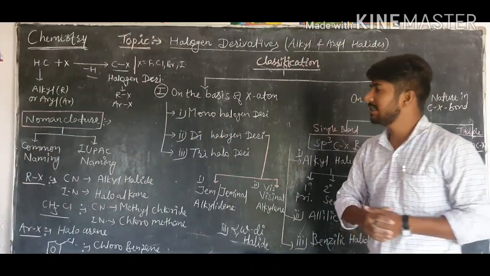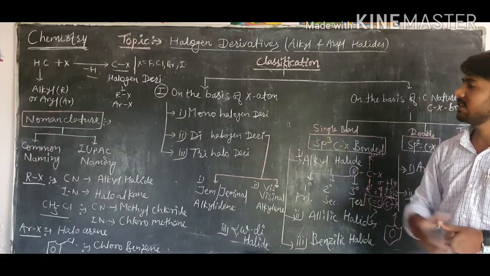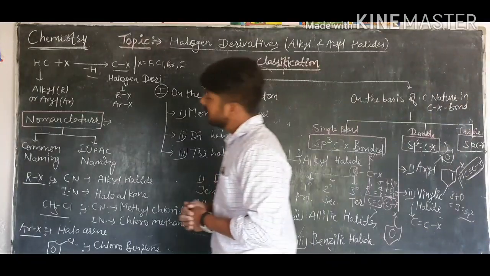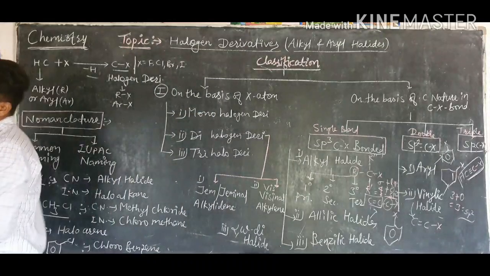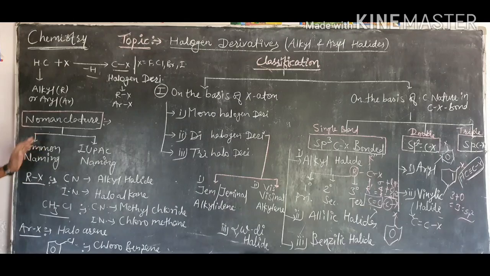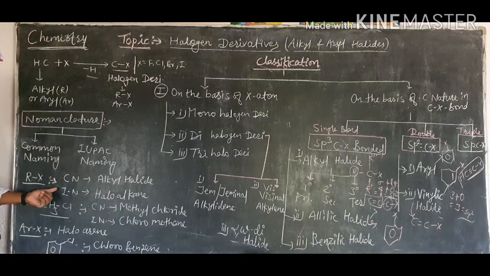The second is IUPAC naming, which is according to IUPAC. Here we discuss alkyl halide and aryl halide naming. First is alkyl halide, for which there is common naming and IUPAC naming.